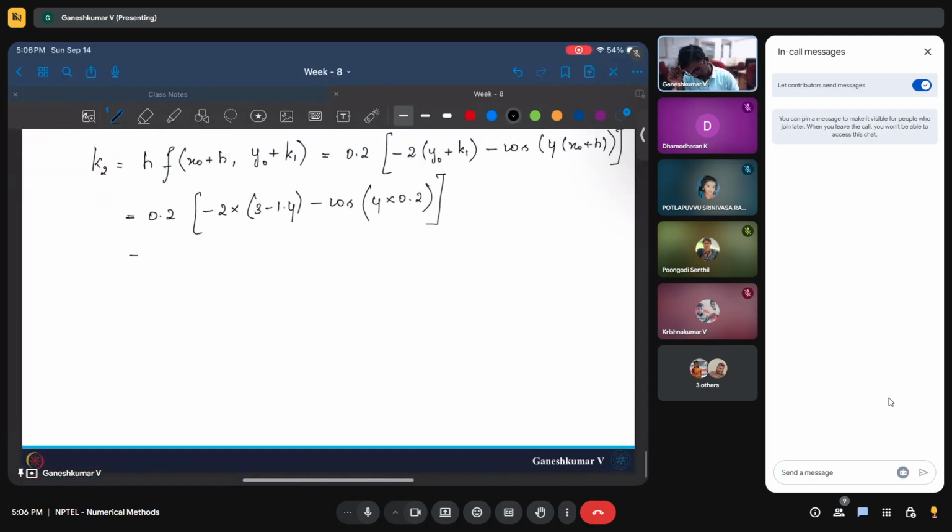How much is this? So 3 minus 1.4 is 1.6, into minus 2, minus cos of 4 into 0.2, into 0.2. This comes out to be minus 0.7793.